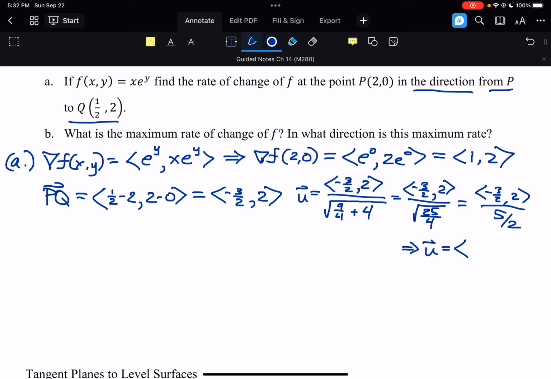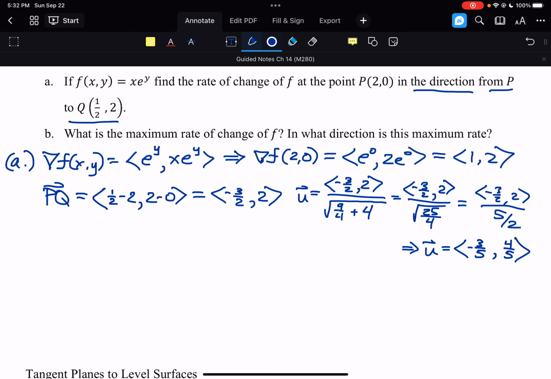So if we divide this by 5/2, that's the same thing as multiplying by 2/5, so multiplying by the reciprocal. So we can go ahead and multiply. We would get negative 3/5, and multiply that, that gives us 4/5.